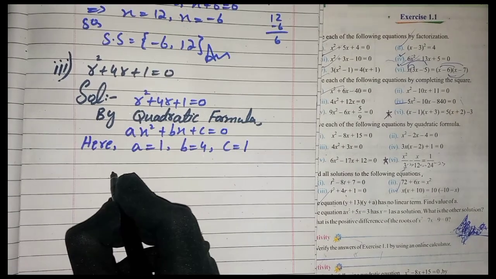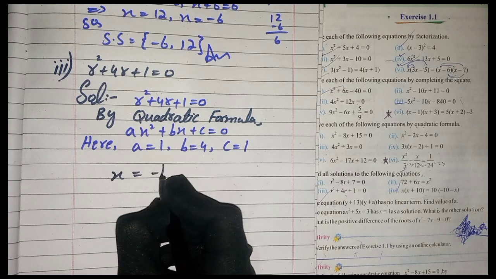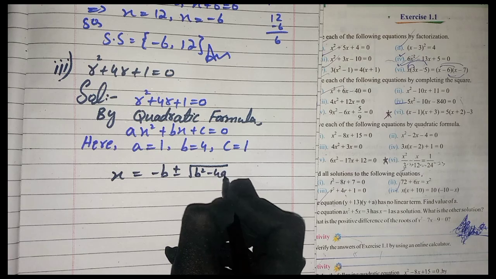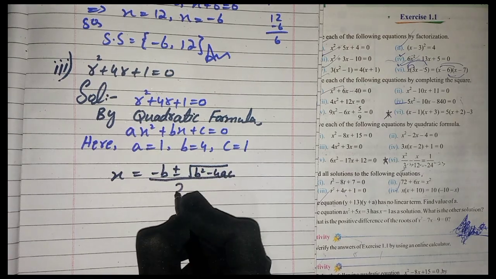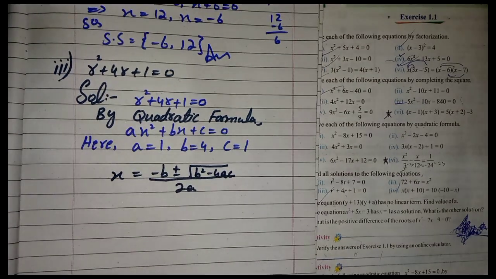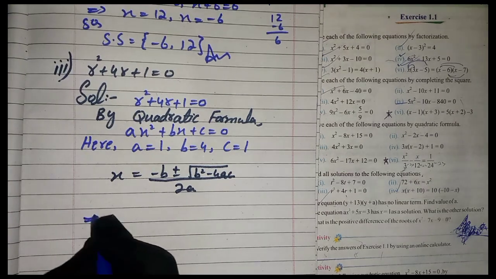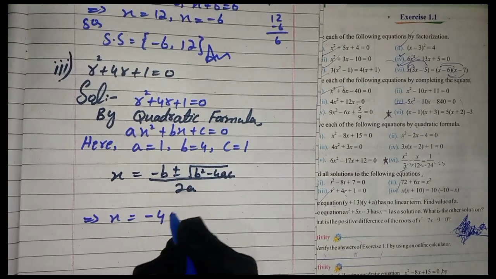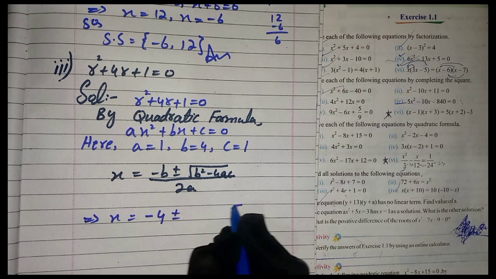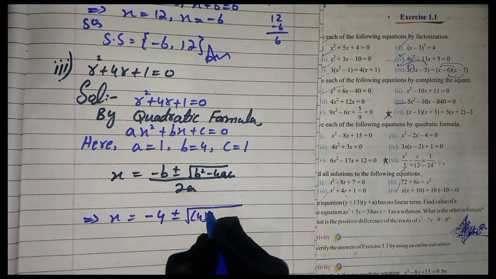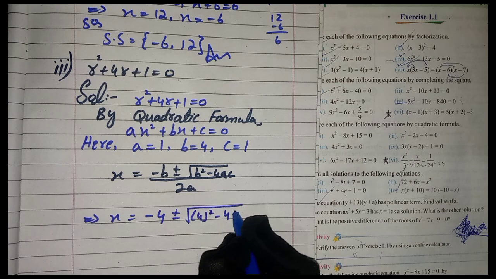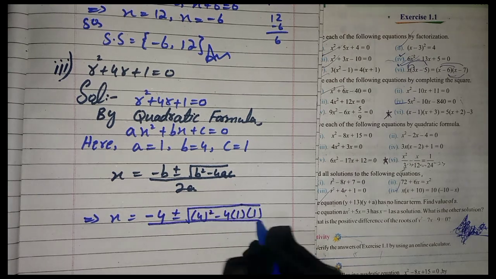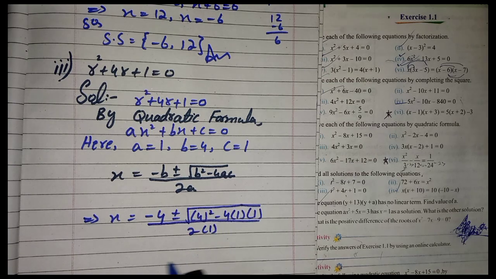Now the quadratic formula is x is equal to minus b plus minus square root of b square minus 4ac divided by 2a. Now putting the values, x is equal to minus 4 plus minus square root of 4 square minus 4 into 1 into 1 divided by 2 into 1.